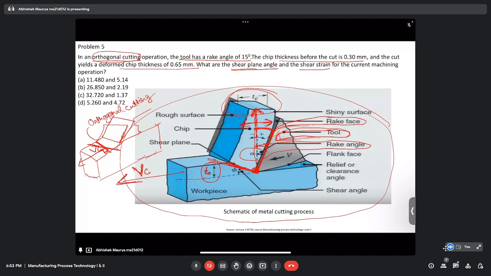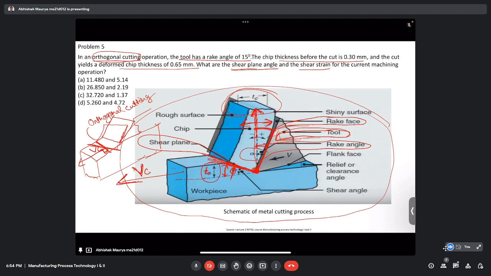If you see along the width direction, this line becomes a plane, and that plane is called the shear plane, which is very important. The angle the shear plane makes with the cutting velocity is called the shear plane angle, denoted by phi. These are some important terminologies in order to solve this problem.